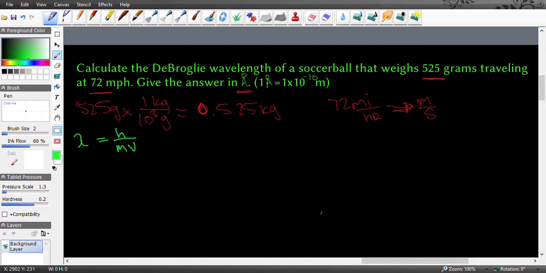We'll have a mass right here, and Planck's constant, if you remember, is in joules seconds, which is the same thing as kilograms meters squared over seconds squared times seconds, which is the same thing as kilograms meters squared per second, right? Because one of the seconds will cancel.